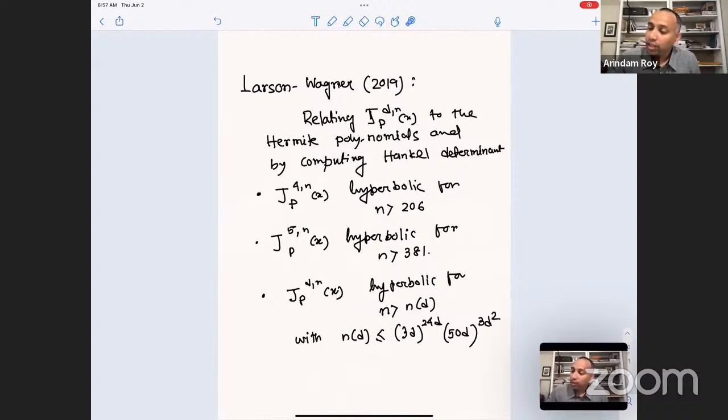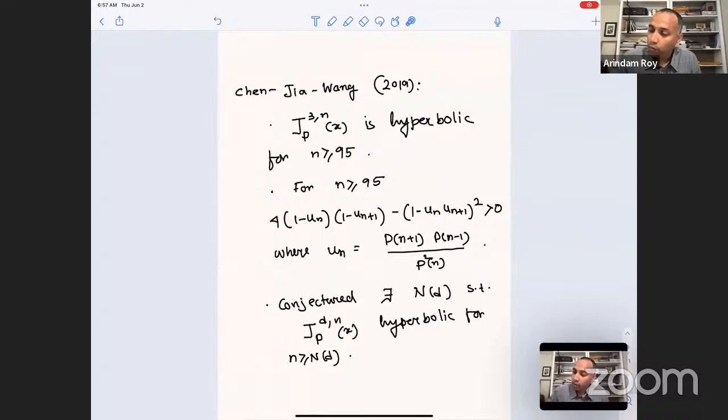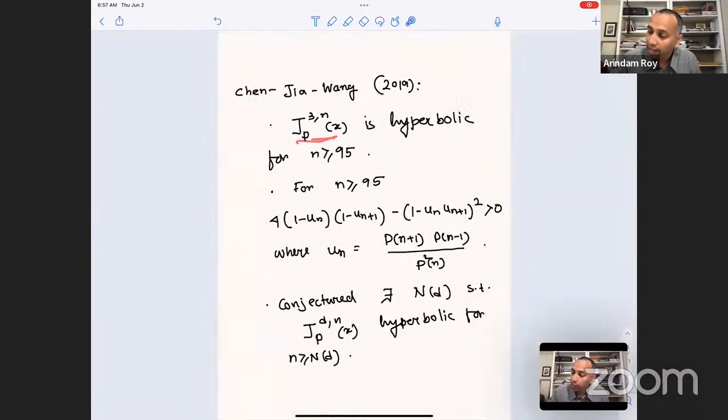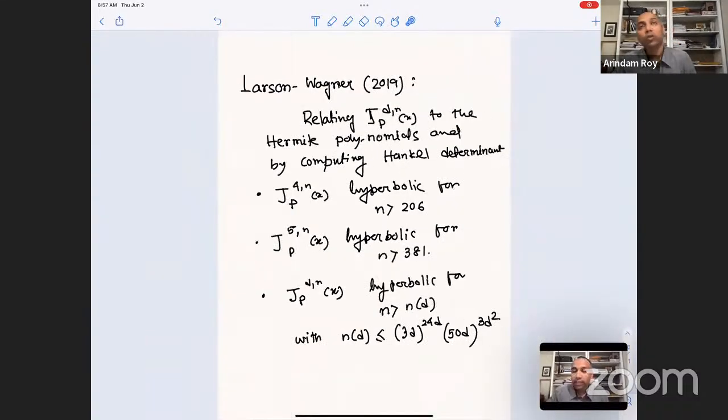They used a slightly different technique. In the proof of the previous result, DeSalvo and Pak and Chen, Jia, and Wang used the asymptotics of the partition function, but Larson and Wagner, and Ono, Zagier, Griffin, and Rolen used a different technique.